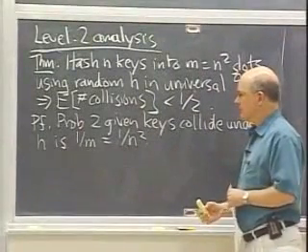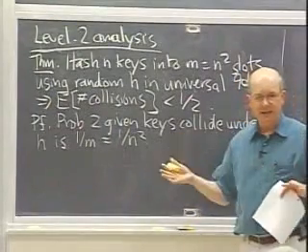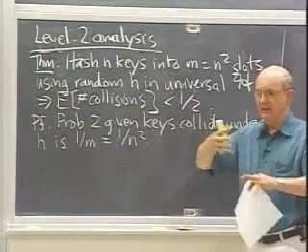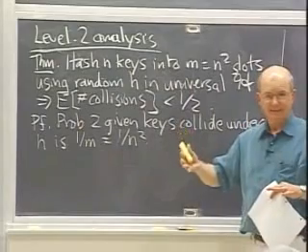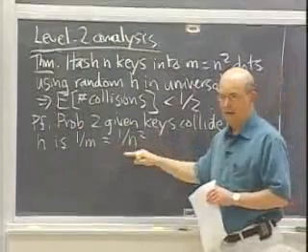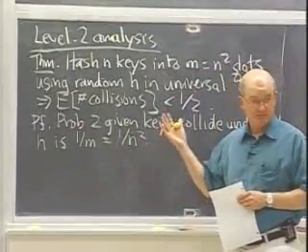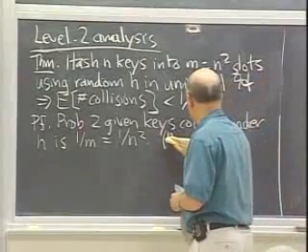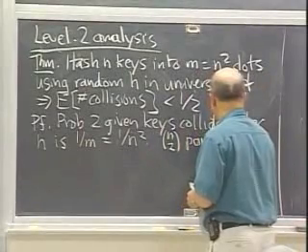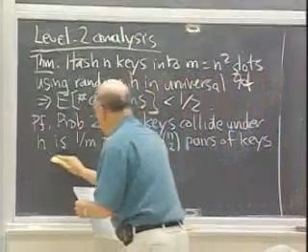Now how many pairs of keys do I have in this table? How many keys could possibly collide with each other? That's basically just looking at how many different pairs of keys I have to evaluate this for. So there are n choose 2 pairs of keys.